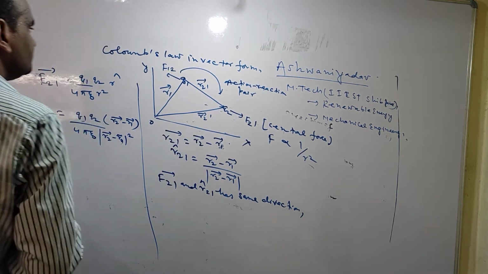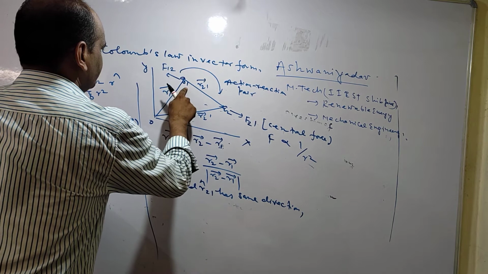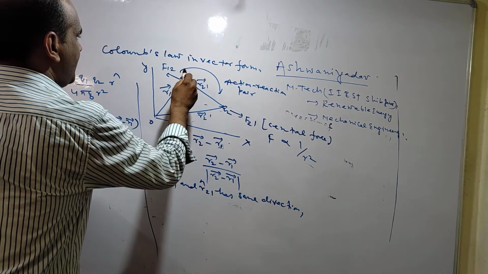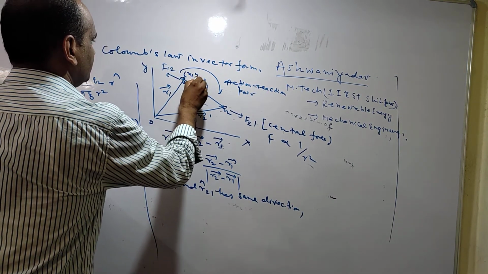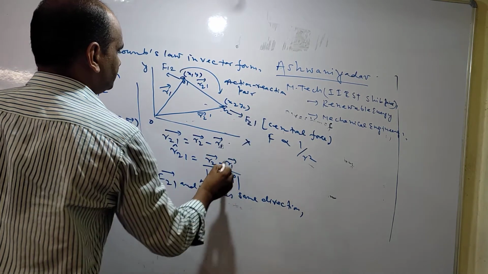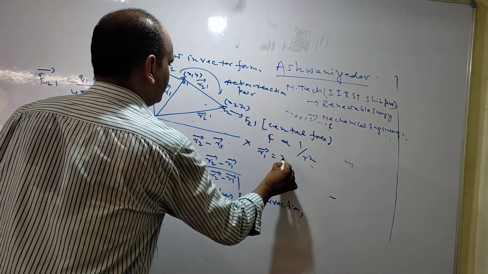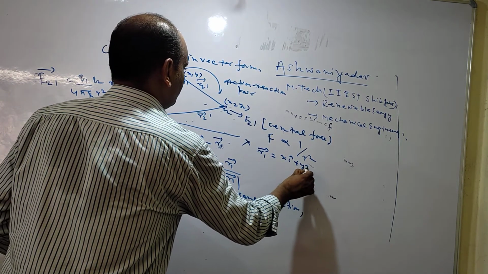You can find the position vector once you know its coordinates in x, y coordinates. So it has x1 and y1 coordinates, and it has x2 and y2 coordinates. So how can I write the position vector r1? Nothing but x1 i plus y1 j.